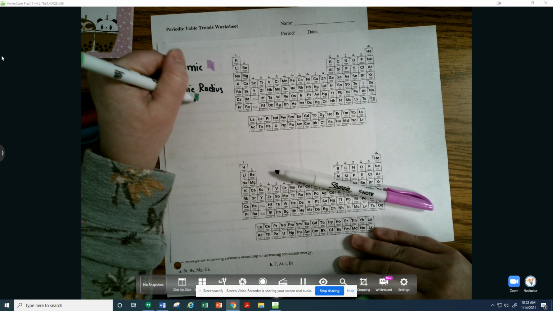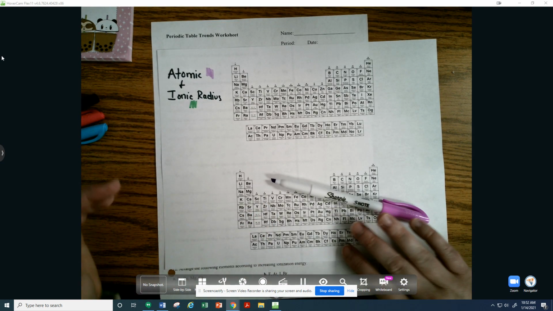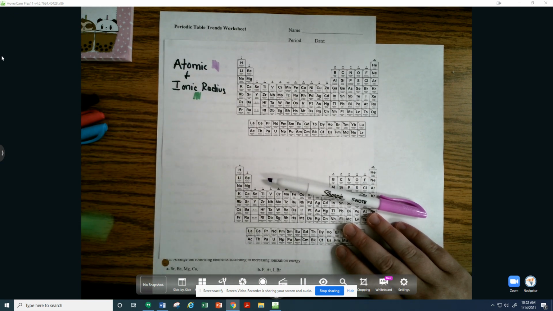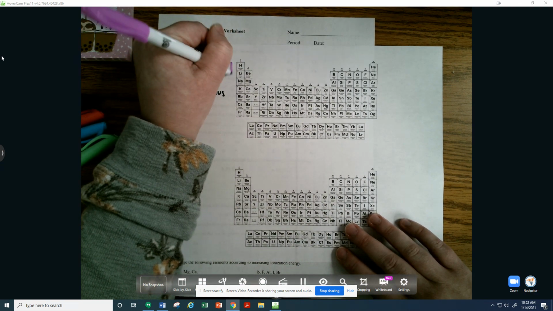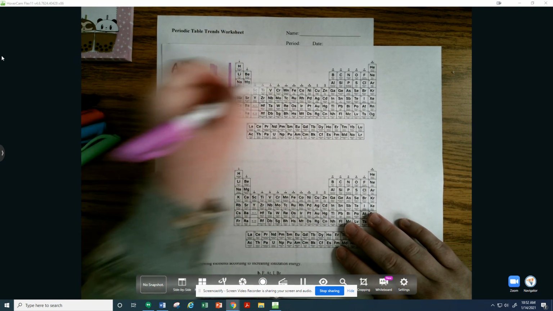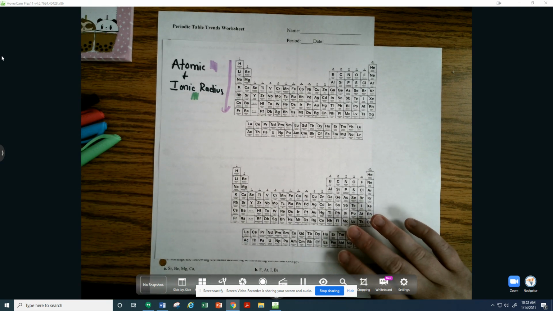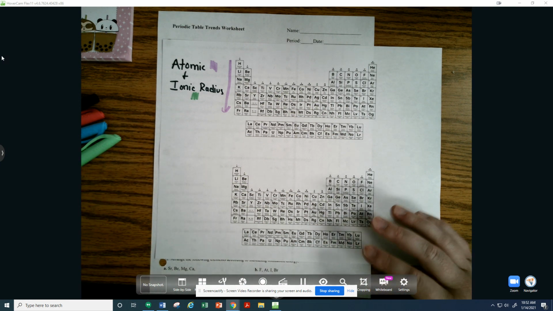And so what happens is, in terms of size, what direction it increases in. So the atom gets largest here where francium is found. And the reason why is when you move down a family, the atom gets larger. Doesn't matter which side of the periodic table you're on, the atom at the bottom is larger than the one above it. And it's because it has more energy levels and electrons are further away.